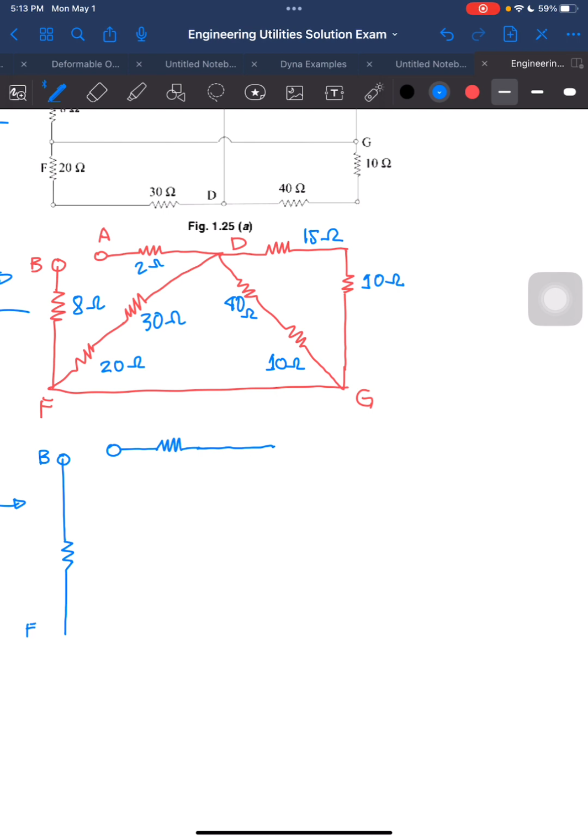Ito F. B. Yung isa 40 plus 10, 50 ulit. Tapos yung 10 plus 15, 25.